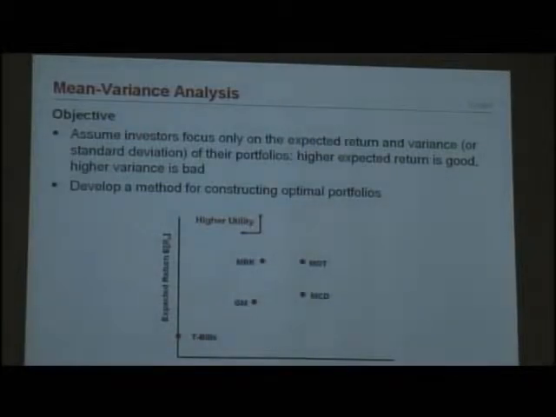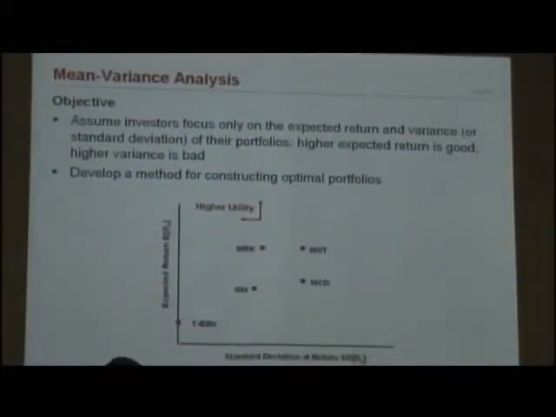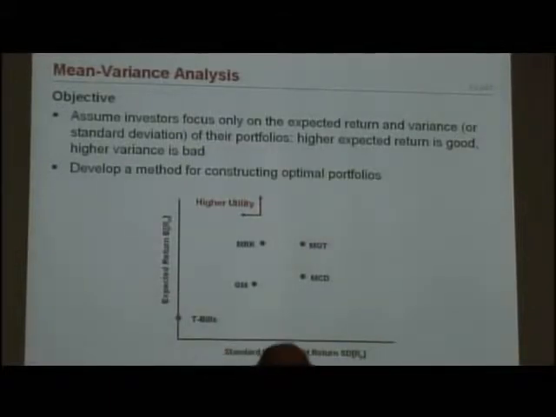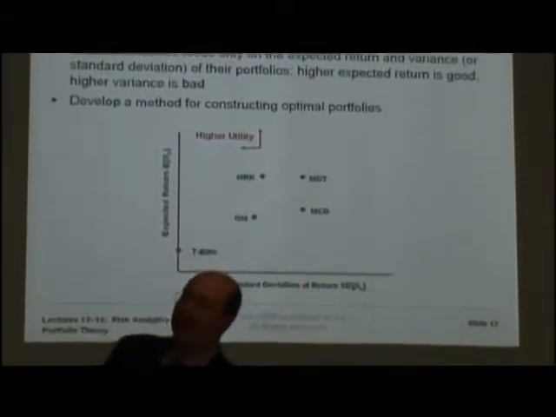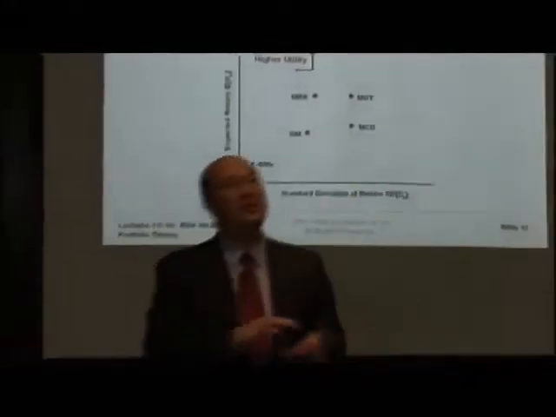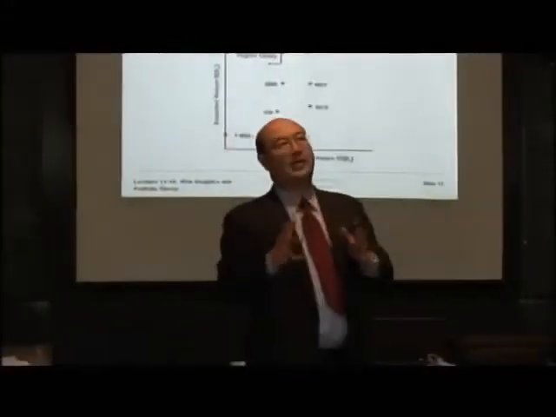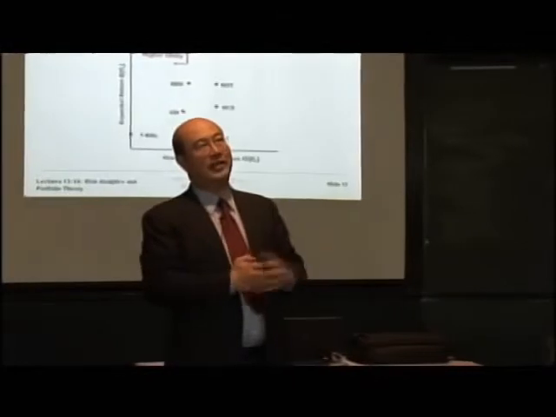And the question is, where on this graph can we get to, given the securities that we have access to, that will maximize our level of happiness? Where happiness, again, is assumed to mean higher expected rate of return and lower risk as measured by variance or standard deviation.